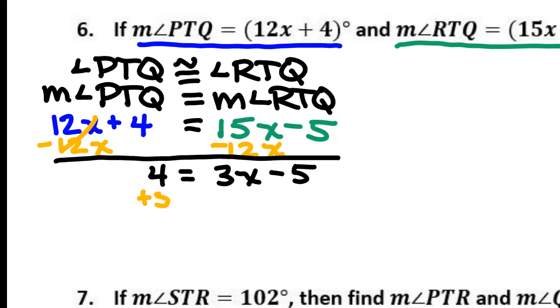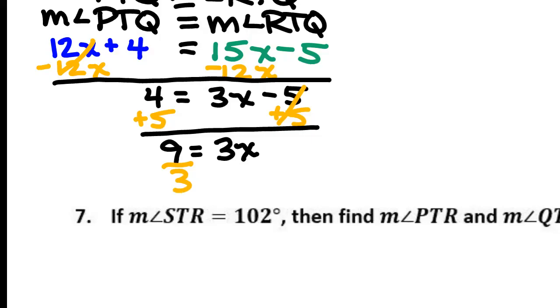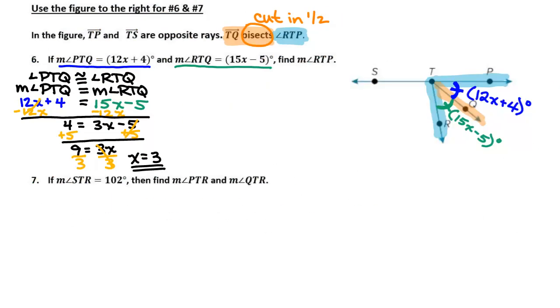Then I would add 5 to both sides. So that would give me 9 equals 3x. We would divide both sides by 3. What is 9 divided by 3? 3. So x is 3. What did they ask me to find in this problem, though?